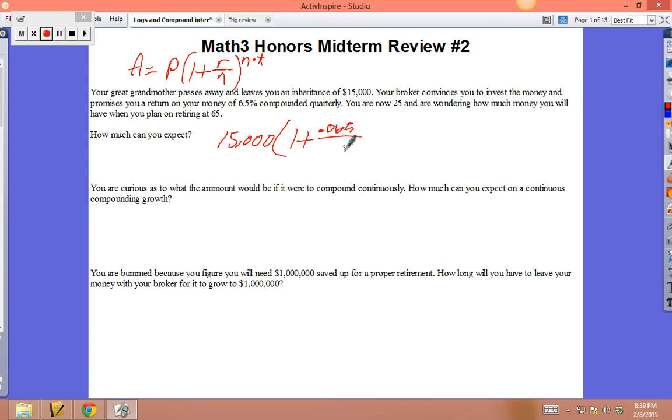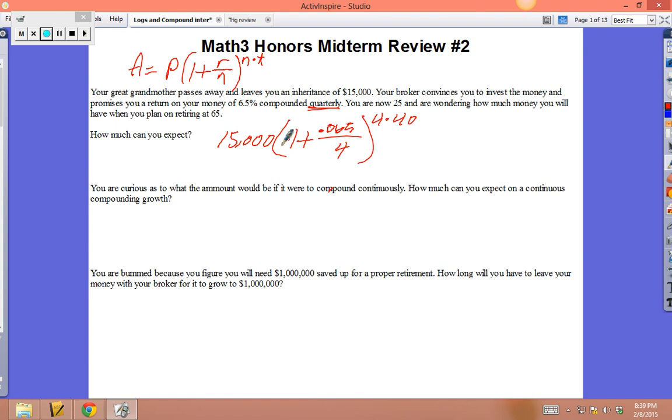Divide that by how many times it's going to compound. It's going to compound quarterly. So 4 times a year, they're going to put all the interest into your account, and your money's going to grow off that interest. So you're going to raise that to 4 times 40.